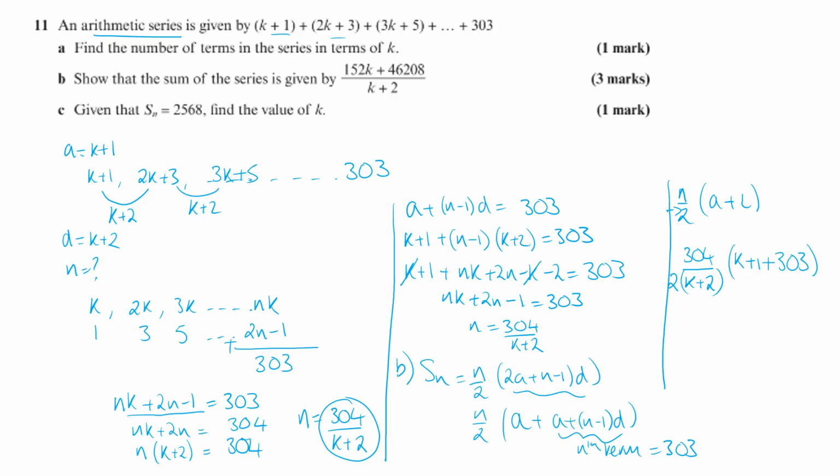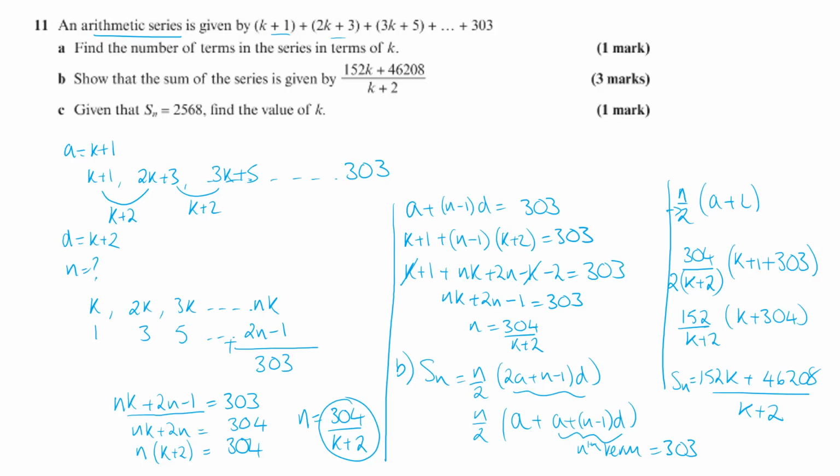So if you half 304, you get 152 over k plus 2 into k plus 304, adding the 1 and the 303 together, and that comes to 152k plus 46208 over k plus 2. So that is what we were after.